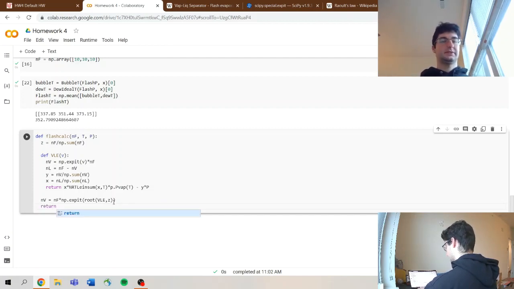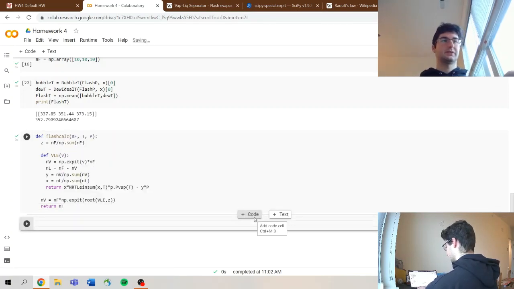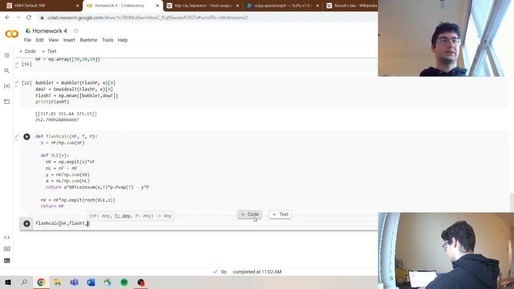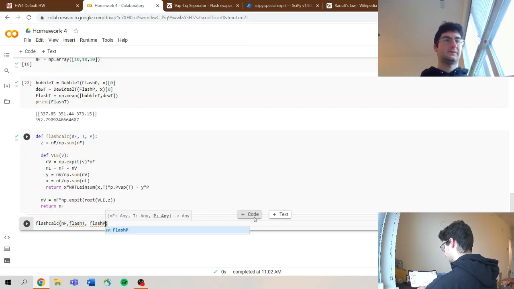And let's just return NV. That's not our final answer. I just want to make sure our root finder function is working. So let's do flash calc NF, flash T and flash P. That should be capitalized.